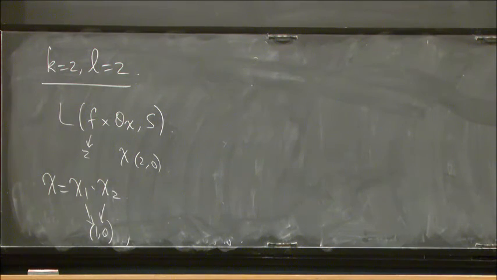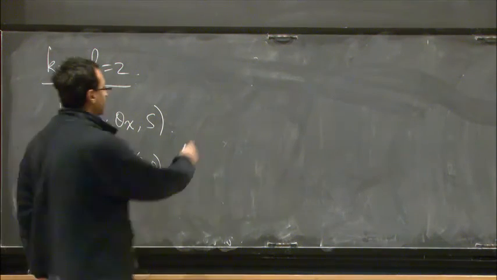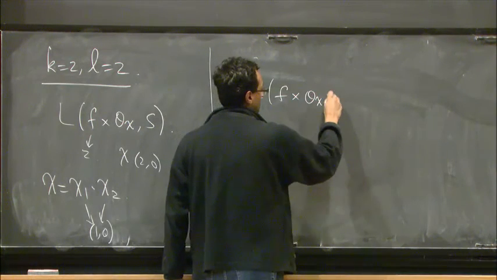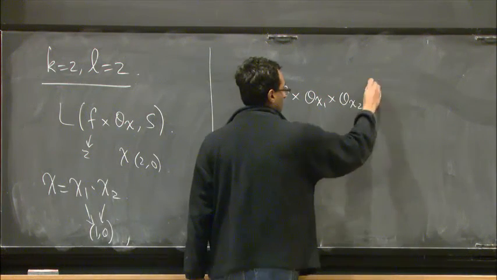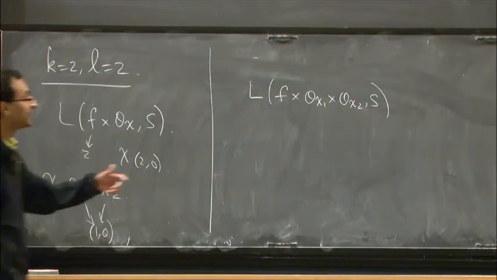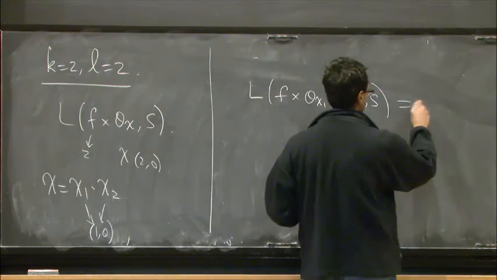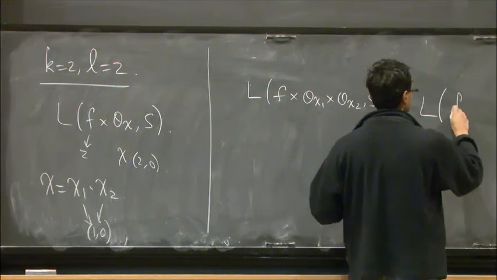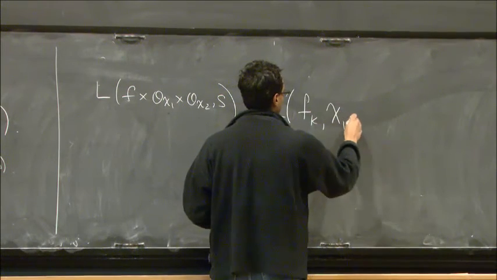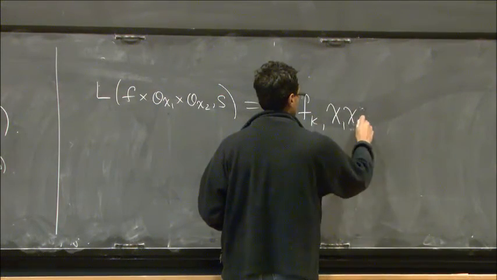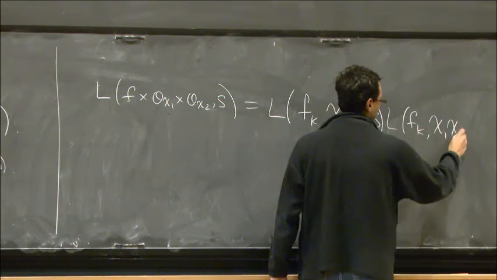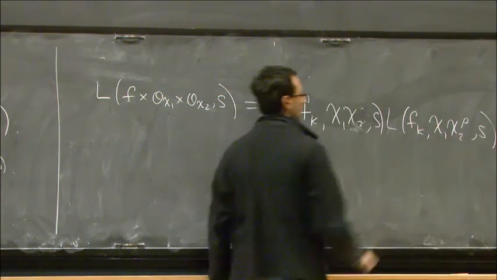Okay. If you did this, then you could consider the triple product L function, where you take L of f cross theta chi1 cross theta chi2. And this has the property, because chi1 and chi2 come from the same imaginary quadratic field, that this factors as L of f cross theta chi1 chi2, s, times L of f cross theta chi1 chi2 rho, s, where rho is the complex conjugation.